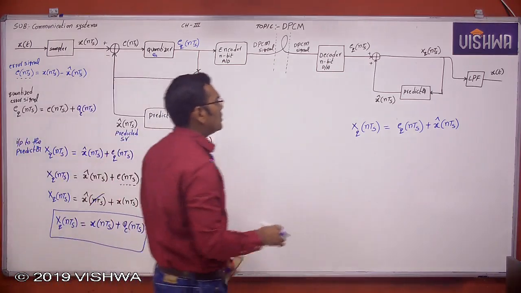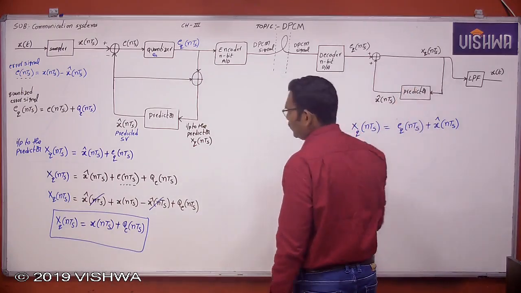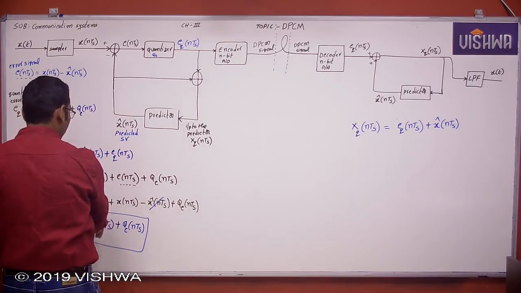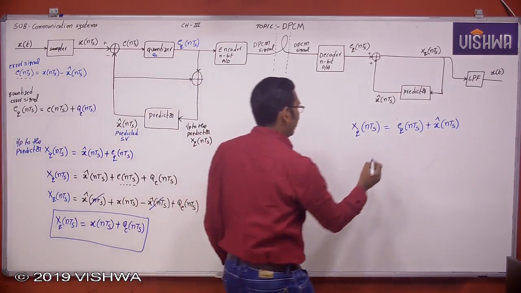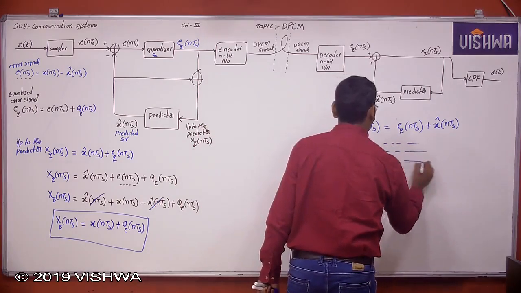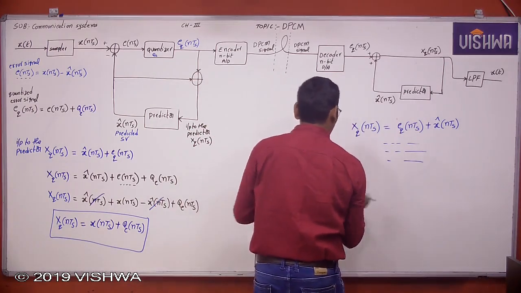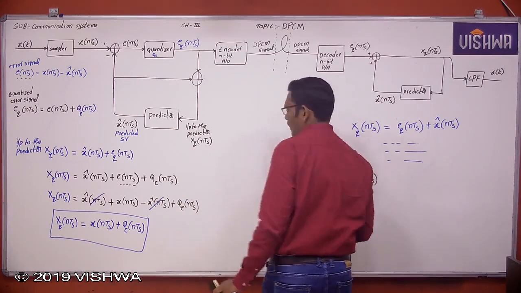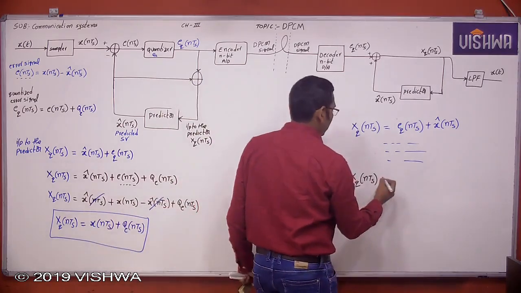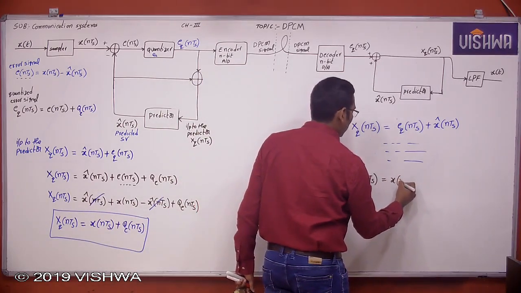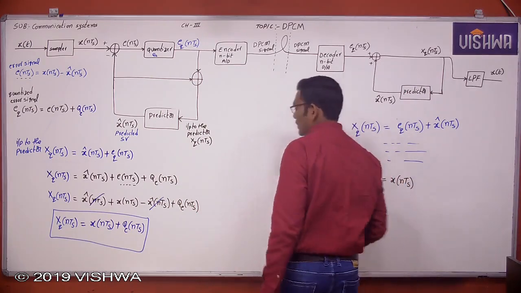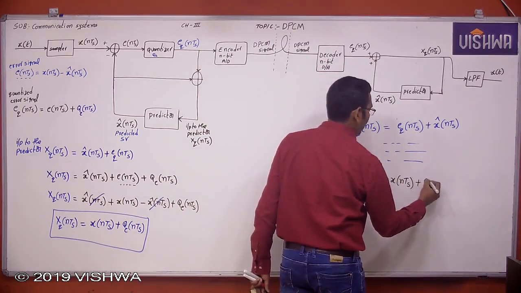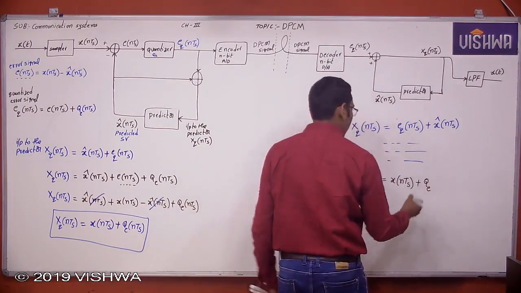Okay, so this is the quantized sample value. Now finally you can get the answer here: XQ of NTS is nothing but the original sample value. See here. If you simplify this again, we get the same. The final answer is XQ of NTS, which is X of NTS plus some quantization error.